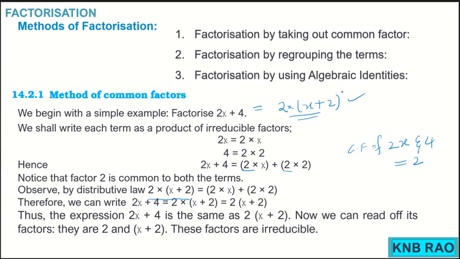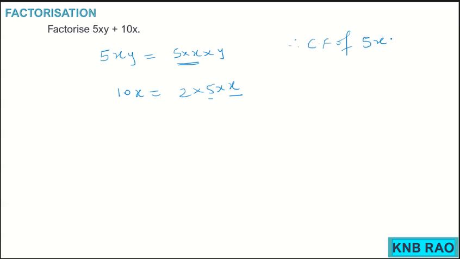So this is one example. Let us take some other example. Factorize 5xy plus 10x. Now I am writing the individual terms in irreducible form: 5xy I have written as 5 into x into y, and 10x I have written as 2 into 5 into x. Here you can see 5 and x are the common factors. So the common factor of 5xy and 10x is 5x.